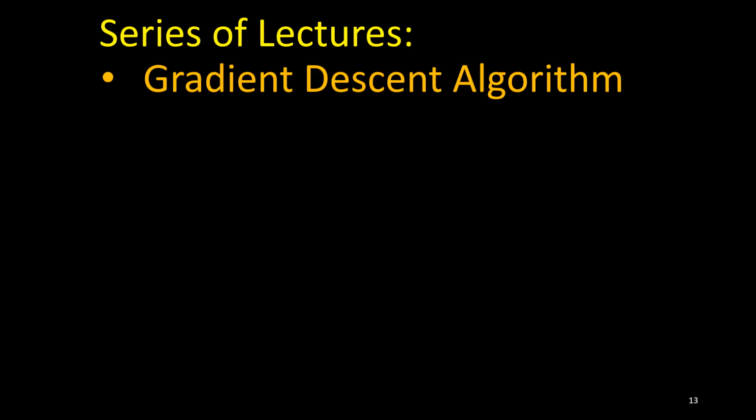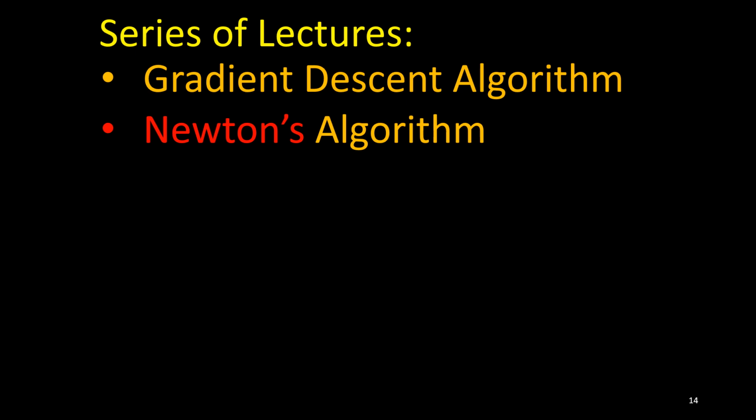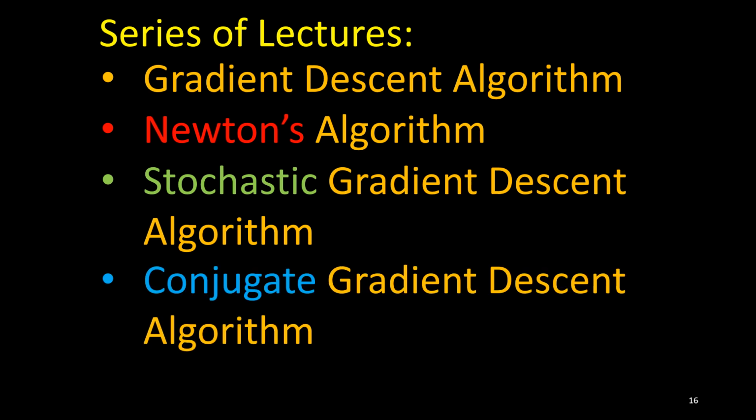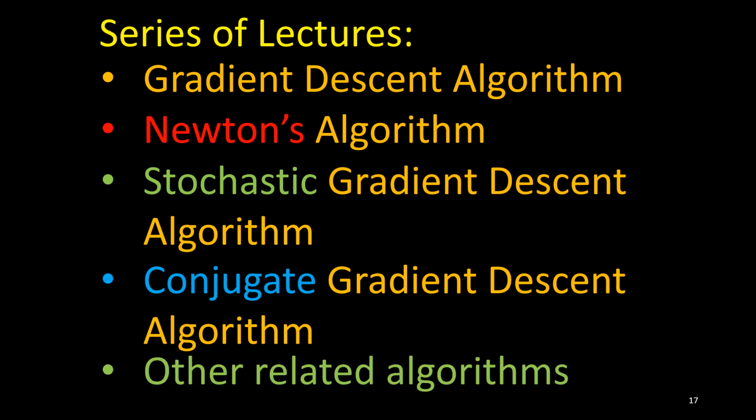Particularly, I'll deliver a series of lectures in this topic. So first topic is gradient descent algorithm. Next, we'll discuss Newton's algorithm. Then stochastic gradient descent algorithm, conjugate gradient descent algorithm, and other related algorithms.